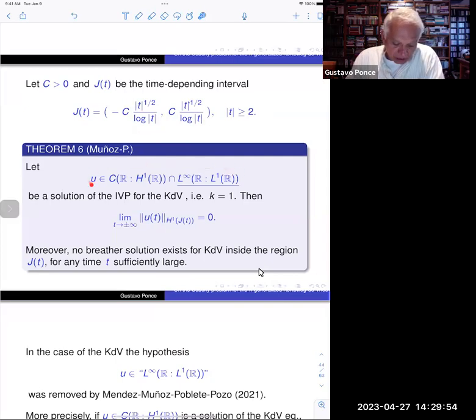If you have a solution that satisfies this, the H1 norm, that means the derivative of the function in L2 and the function in L2 in this domain, goes to 0. Even though this domain is growing, this goes to 0. That means that you cannot have a solution that is periodic. All solutions have to move to infinity.